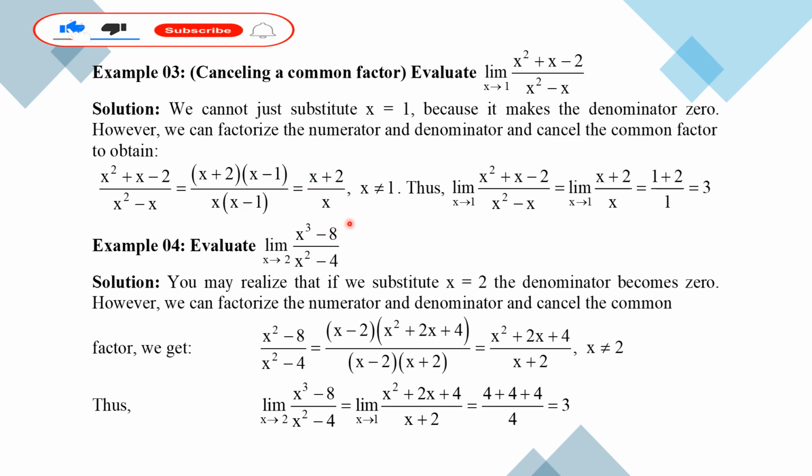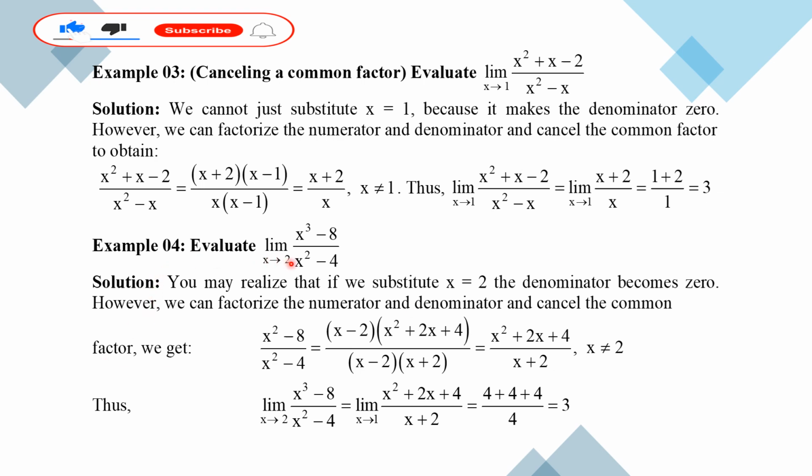Now in this reduced fraction, if you put x equal to 1, you will have no more 0 in the denominator. Now just apply the limit: replace x with 1, so 1 plus 2 over 1 is equal to 3.